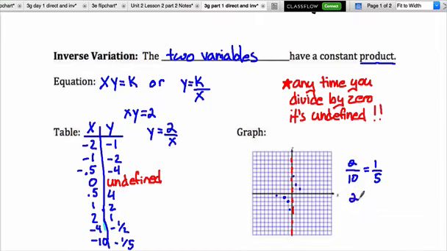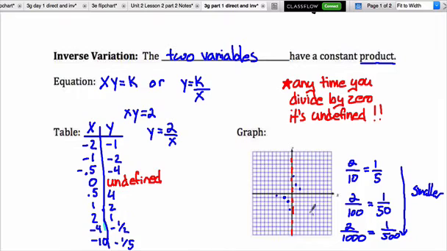If I have 2 over, let's say, 100, that's 1/50th. If I have 2 over 1,000, that's 1 over 500. So as the denominator gets bigger, the number is actually getting smaller.